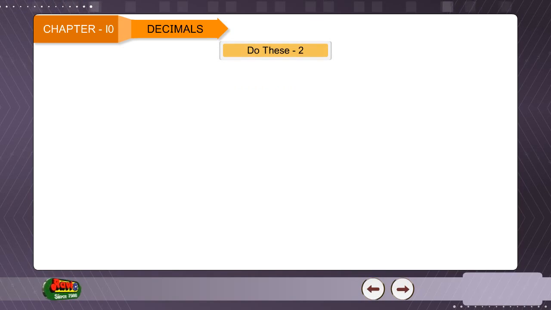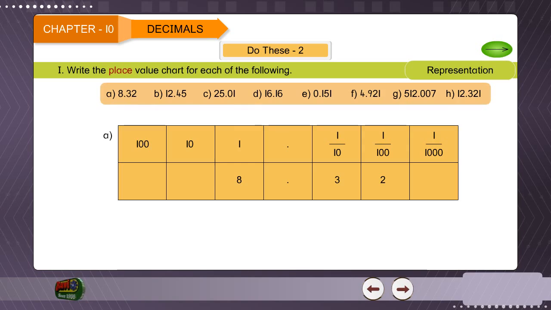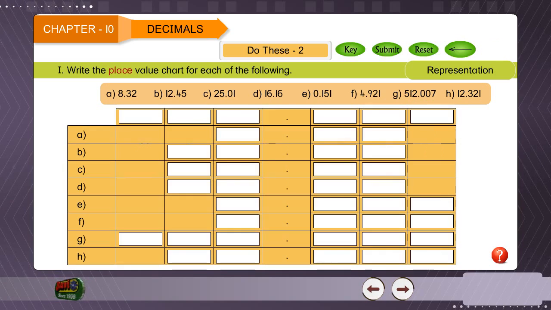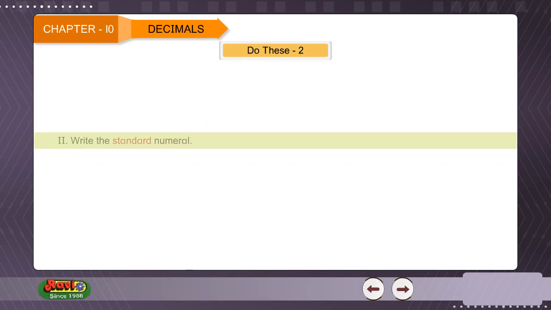Do these. 1. Write the place value chart for each of the following. 2.